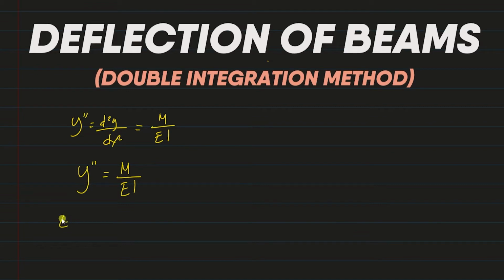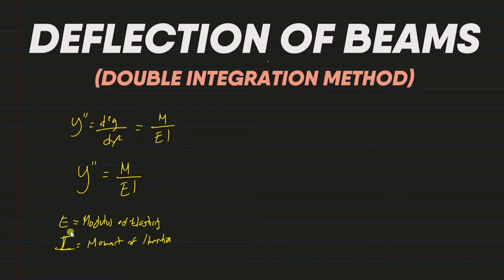Ang ating E, guys, if I'm not mistaken, sorry, nakalimutan ko na ito. This is the modulus of elasticity, right? And our I is the moment of inertia. Itong moment of inertia, it will vary depende sa cross-section.